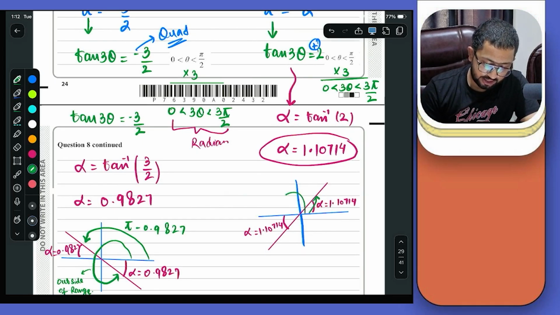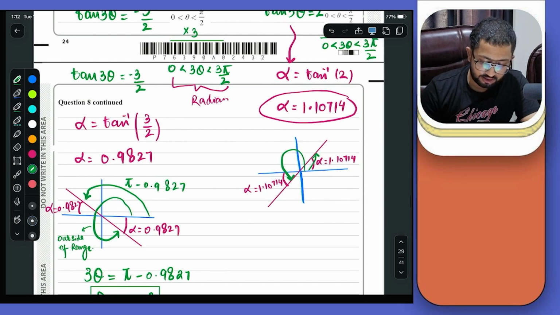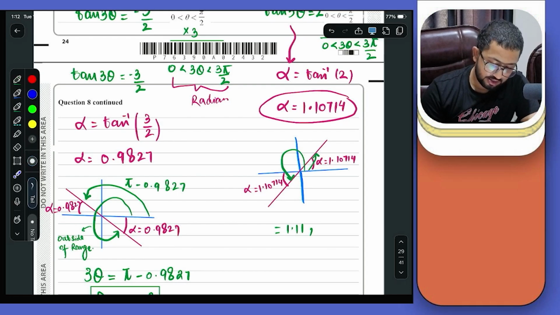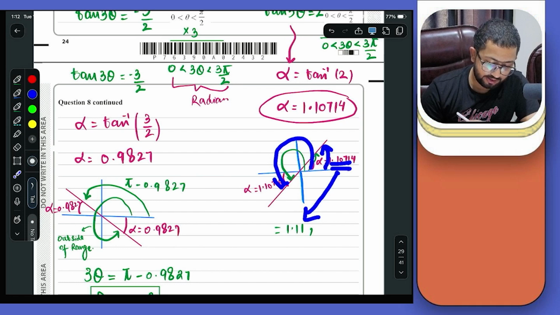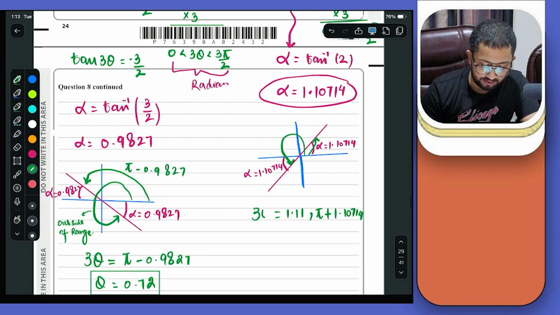So that is our first angle, and that is our second angle, which is inside the range actually. So the answer is 1.1011. I want to write two decimal places. So write this answer to two decimal places, and similarly this angle would be 180 plus, sorry, pi plus 1.10. That is the answer of not theta. Be careful. That is the answer of 3 theta.